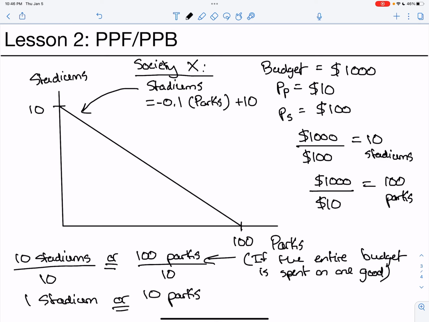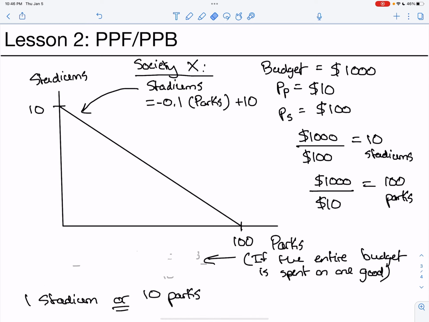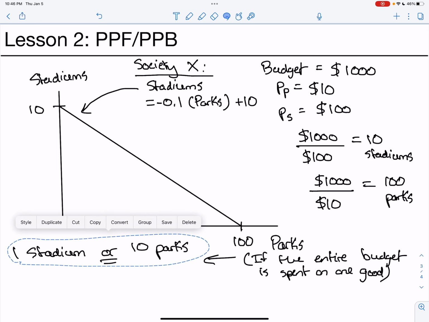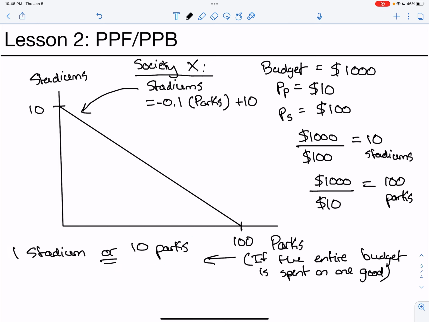All right, so let's just move that up here. Okay. 1 stadium or 10 parks. Of course, we could also now just divide both sides by 10 to get the following statement. 1 park, 10 divided by 10 is 1, or 1/10 or 0.1 stadium.